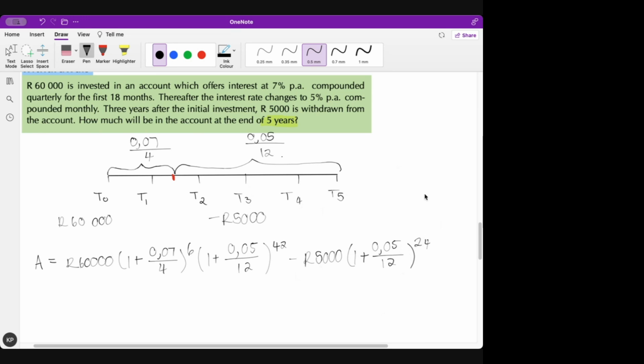So let's get going with our calculations over here. 1 plus 0.07 divided by 4 to the power 6, minus 5,000.